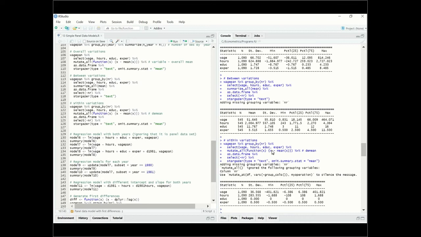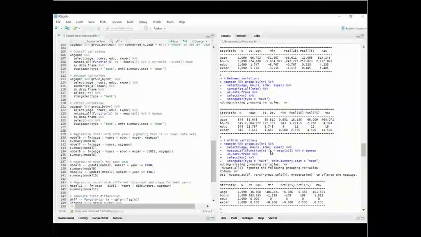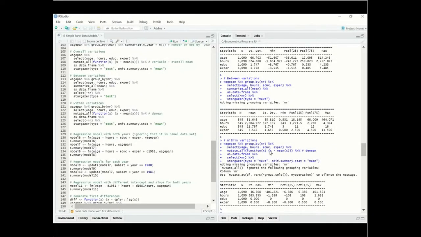So the value of each of the variables for an individual is minus the mean for this individual. That's why this is a demeaning procedure, where each of the values is minus the individual mean for this person. And that's why we're showing the within variation, because we're showing how the data for each individual differs from the mean for this individual.